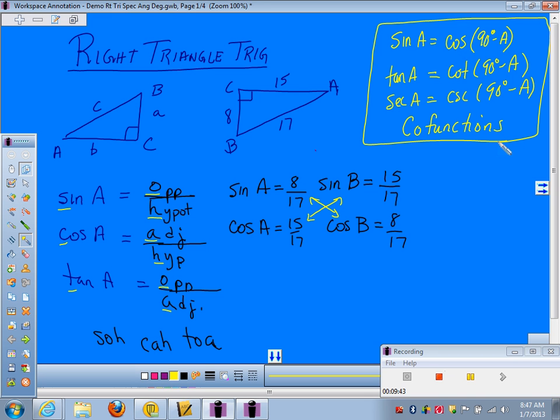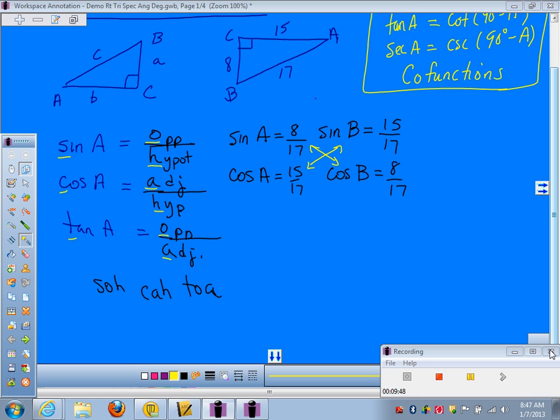Now, here's what they're going to ask you to do. Nothing too horribly significantly difficult. You should be able to handle this. They may say to you, okay, you know the tangent of 20 degrees. They're going to say, write it in terms of its complementary function.